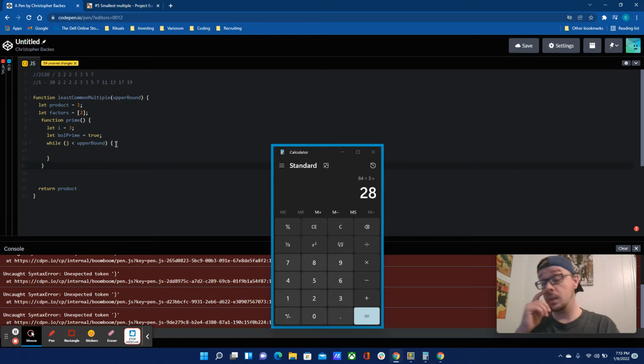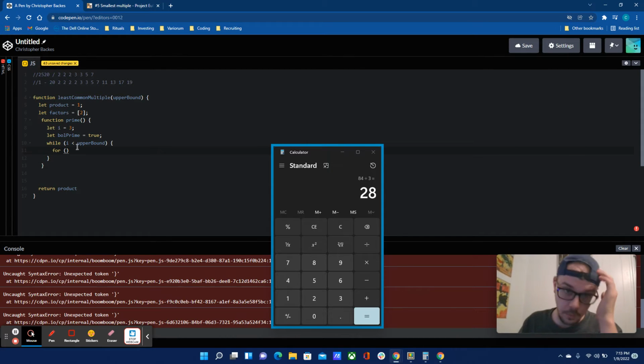I am not doing that because we're going to have a for loop inside of this, and sometimes I feel like it's easier to talk about which loop I'm referring to when they're different kinds of loops. Reality is, you're fine to do a for loop out here: for let i equal 3, i less than upper bound, i plus 2.